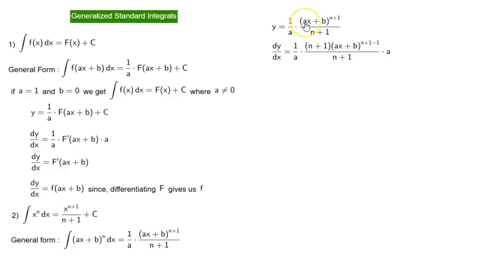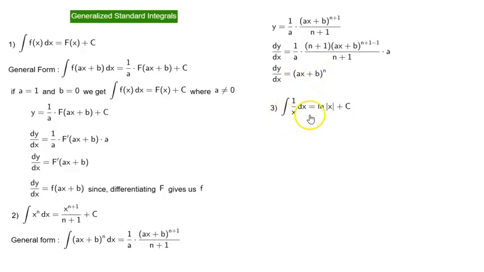But then we also have to take the derivative of ax plus b, so times a. Simplifying that, a and a cancel out, n plus 1 cancels out, and we are left with dy by dx equal to ax plus b to the power of n.